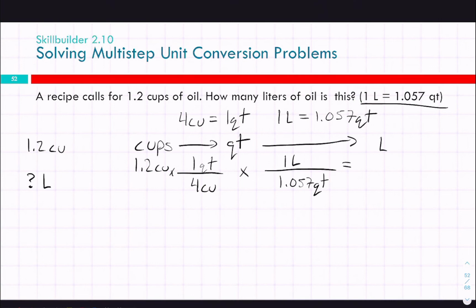So 1.2 divided by 4 times 1 divided by 1.057. So this is going to be 0.28338, and again, more decimal places after that. But that's more already than we need. So how many sig figs? 2. So 0.28 liters.